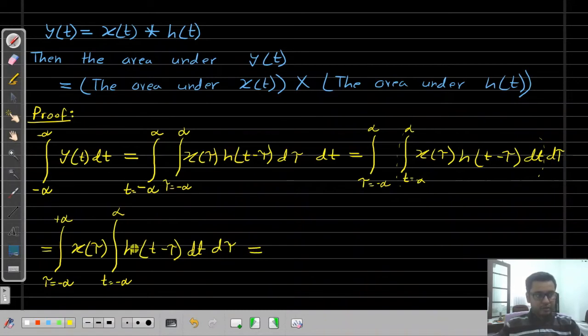Now you can readily see that this part is the area under h. Or to be more rigorous, if you want, I can replace t minus tau with a variable, say z, and then it will become like this.